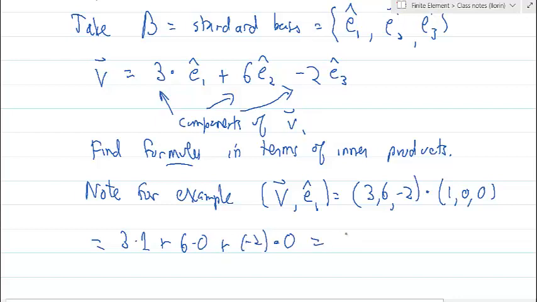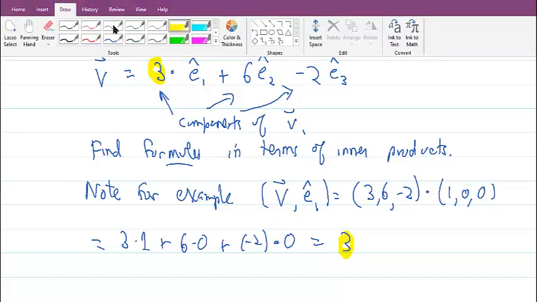And that turns out to be 3. Now what a coincidence. Here we have a 3 up here, and here we have a 3 down here. Now is that really a coincidence? So what we found is the component of v in the direction of e1 is v inner product with e1. So let me just write that down.